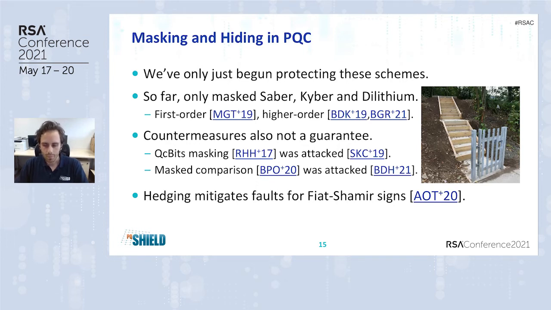We've also seen recent results that show that these countermeasures are by no means a guarantee, something we've seen a lot in the past for RSA and AES, and we'll likely see a lot more of these in the future as well. One thing we also look at is this hedging technique for mitigating fault attacks in Fiat-Shamir signatures, which is another interesting avenue of research.